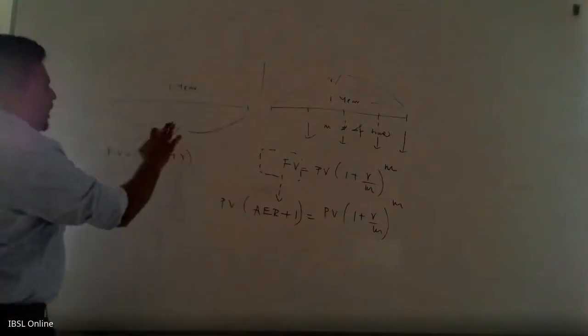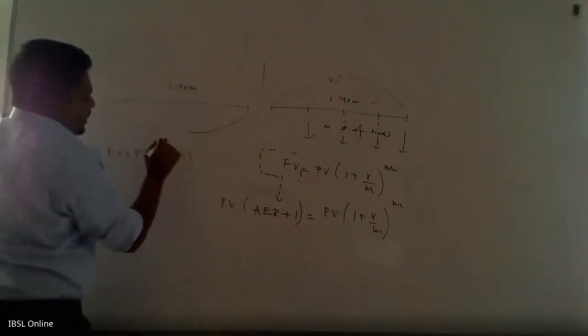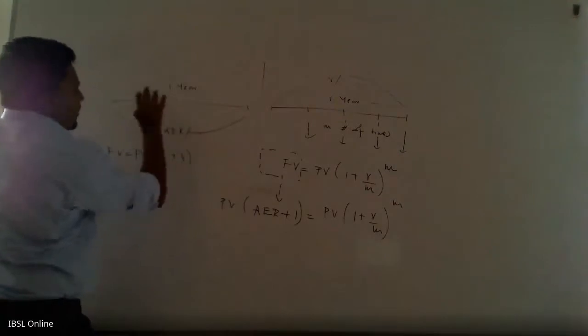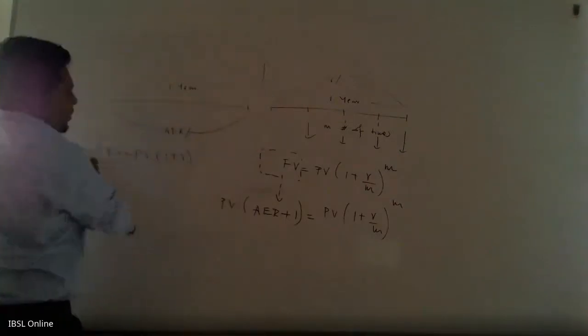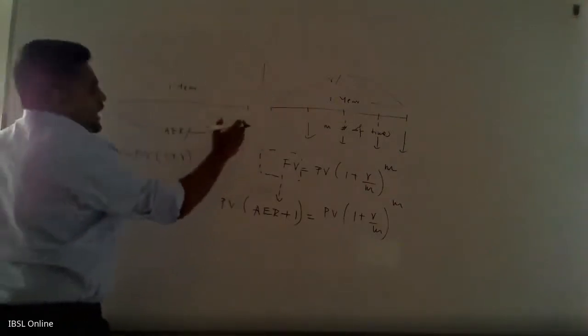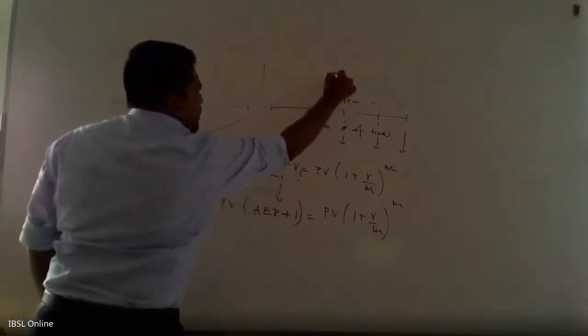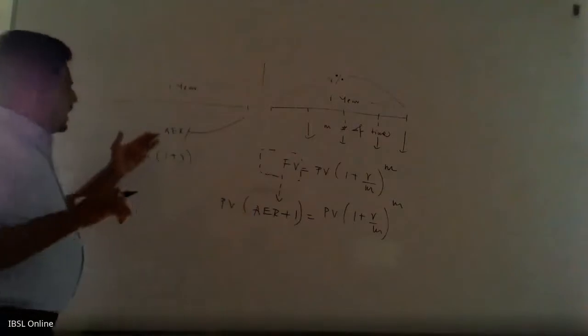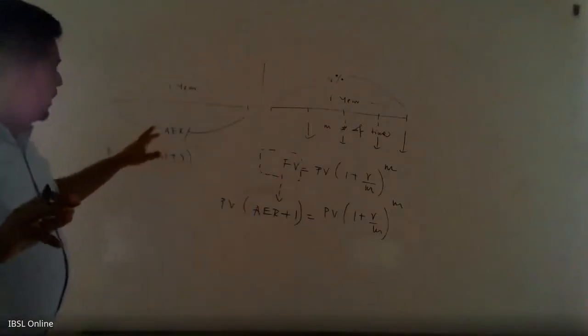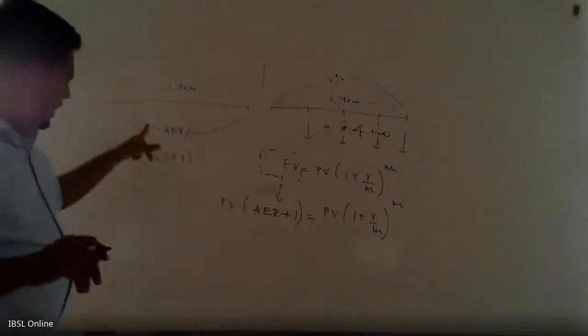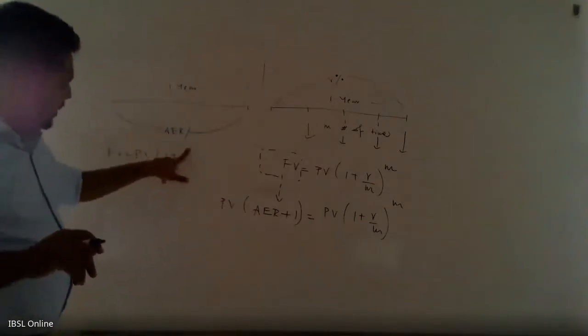So instead of R% here, in order to make it very clear, let me put AER. So that means this side is going to give me the equivalent of what we are getting from this R%. Bear in mind that this simple R and this AER are not going to be equal. So that's why I changed this simple R to AER.